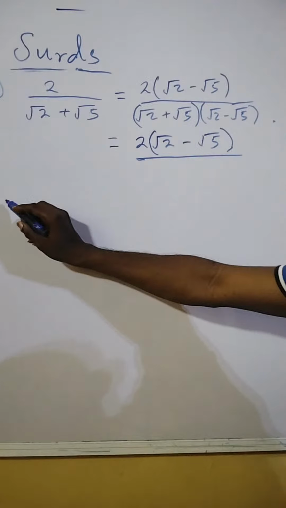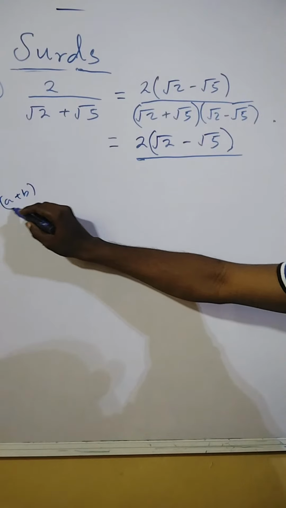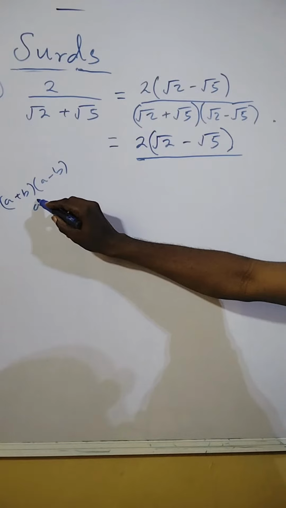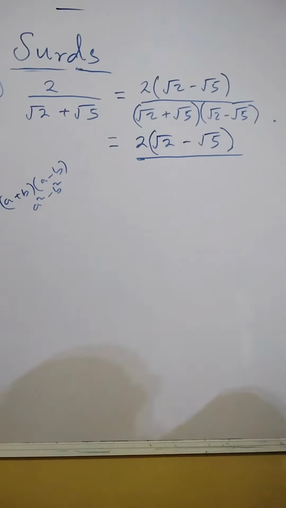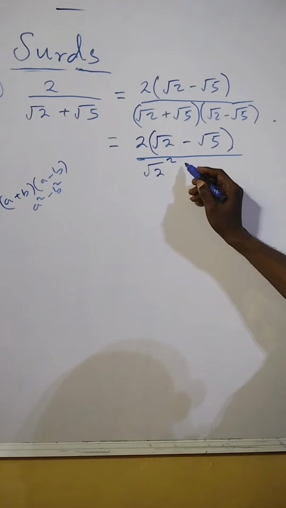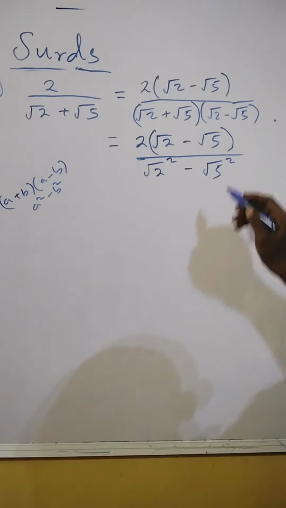The expansion follows when we have a plus b into bracket a minus b. So this is same thing as a squared minus b squared. Okay, so here a now is root 2, so we can say this is root 2 squared minus b, that's root 5 squared.